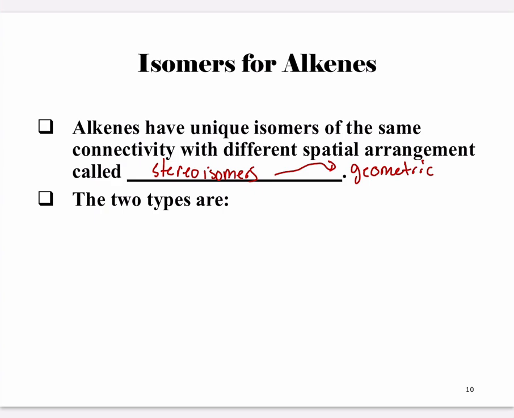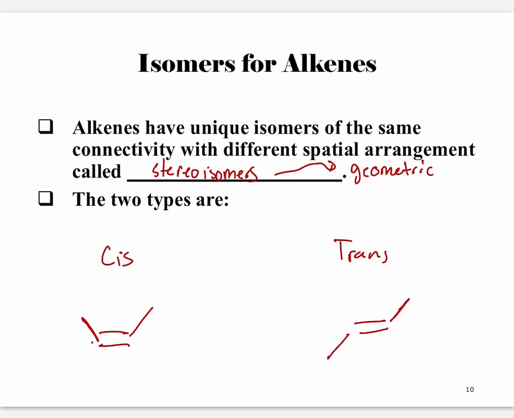And what were the 2 types of isomers for alkenes? This is the one where you had the groups on the same side of the double bond or on opposite sides of the double bond. They were called cis and trans isomers. If we have a double bond, let's say 2-butene, we can have the carbon groups either going in the same direction across the double bond, or in opposite directions.